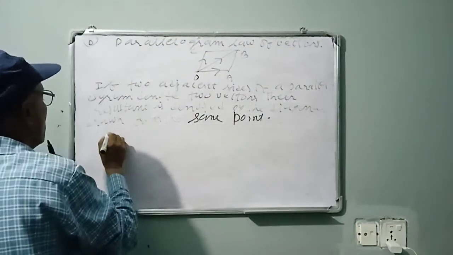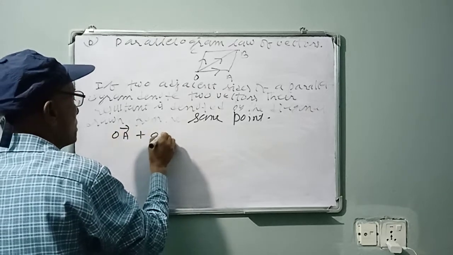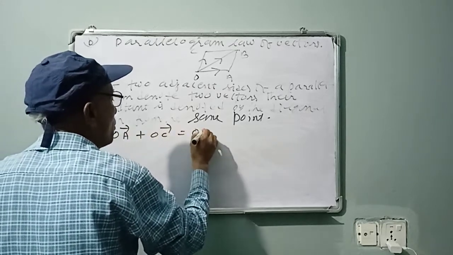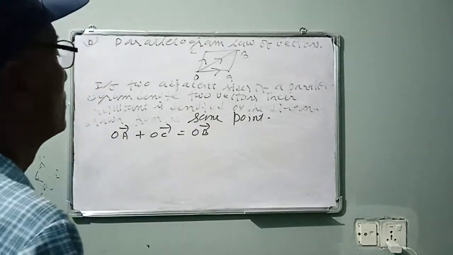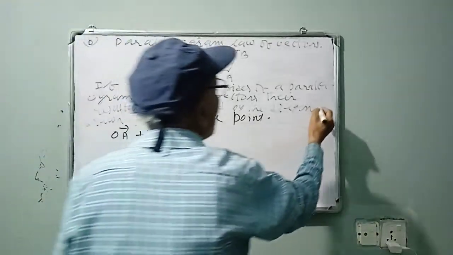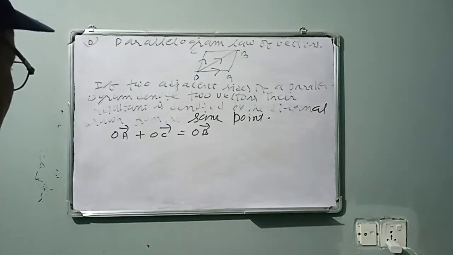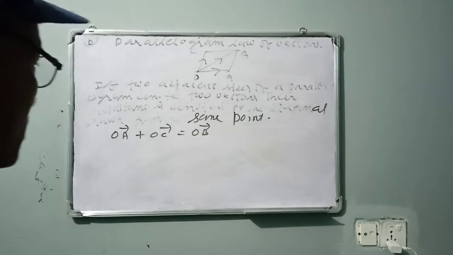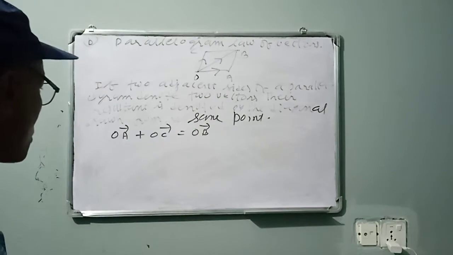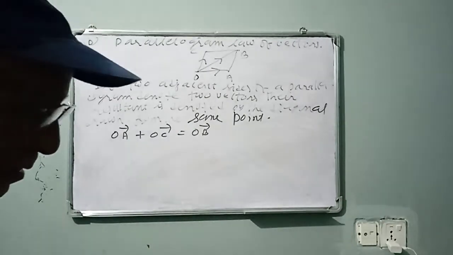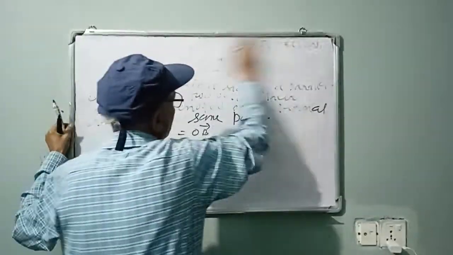For example, if OA plus OC equal OB, diagonal. If two adjacent sides of a parallelogram denote two vectors, their resultant is denoted by the diagonal drawn from the same point. Parallelogram law.